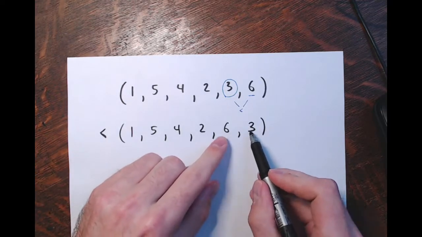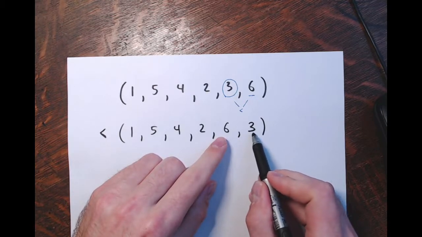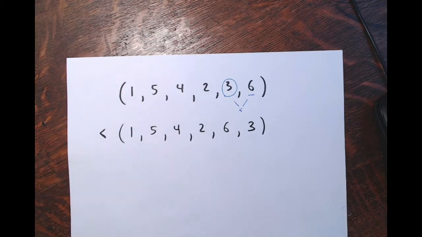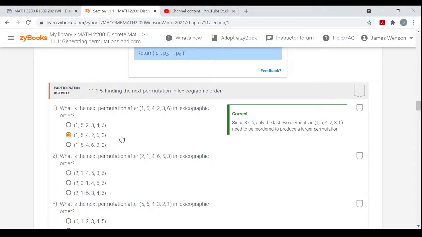And then once you swap them, the numbers after that 6, you just reorder them. But there's only one number after the 6, the 3, so there's no reordering needed. So it's 1, 4, 5, 2, 6, 3 would be the next highest 6 tuple.